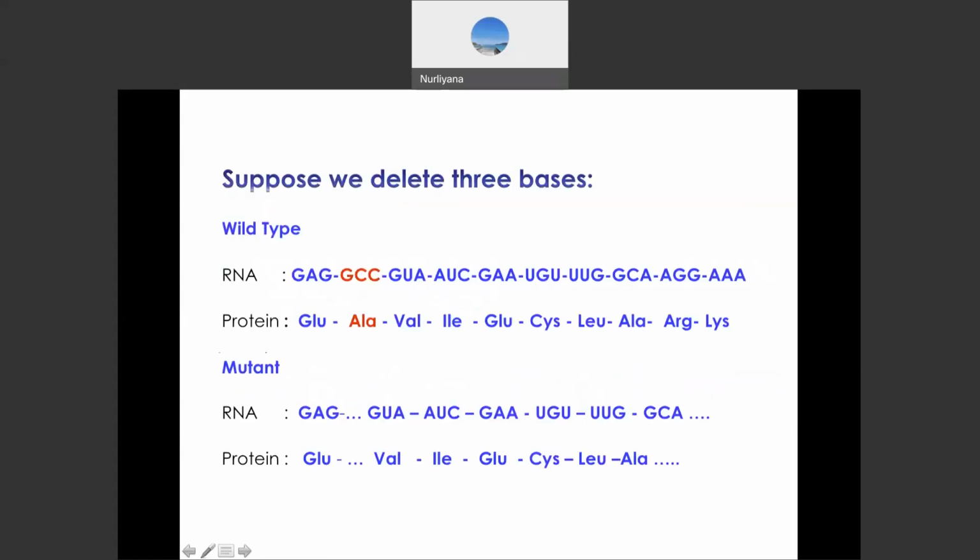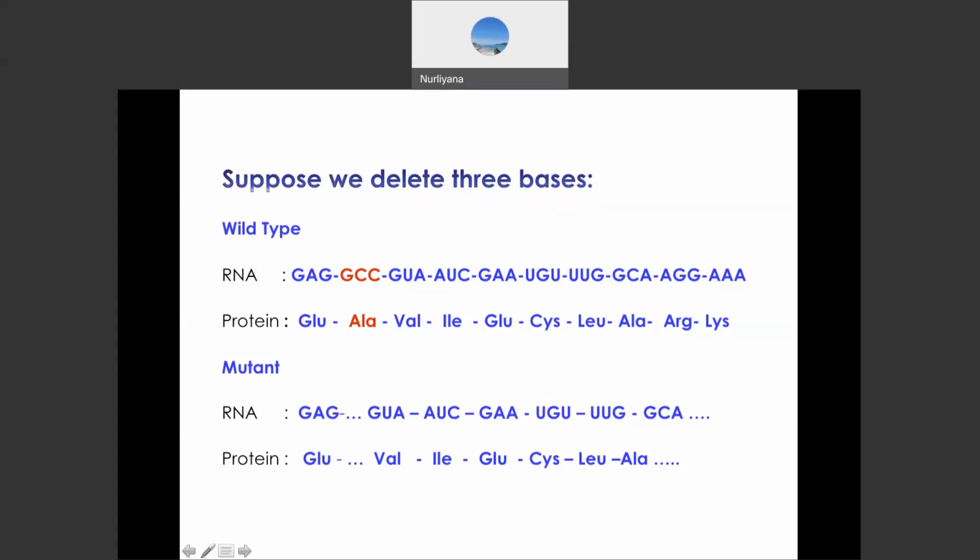However, if the insertion or the deletion occurs in three bases, this could give a totally different effect, because the deletion of three bases will delete one amino acid here. However, the other amino acids that this sequence encodes will still be produced.